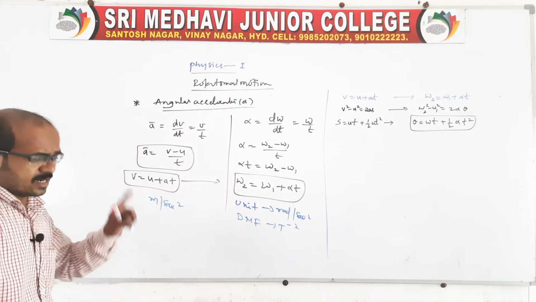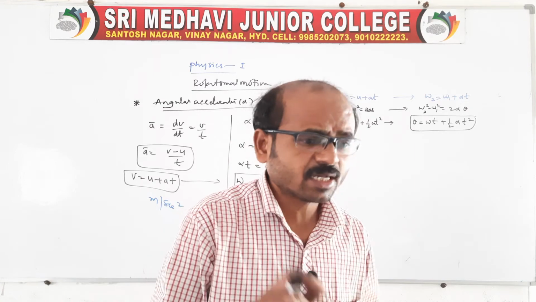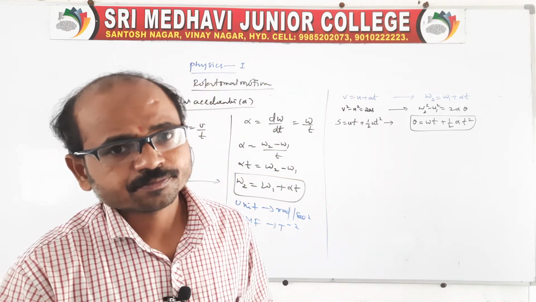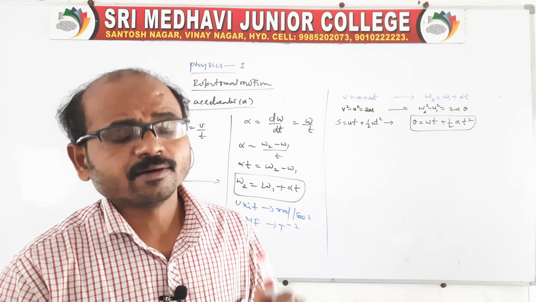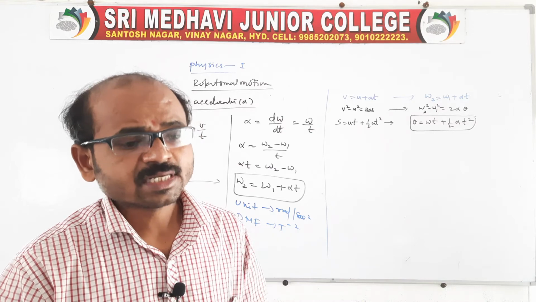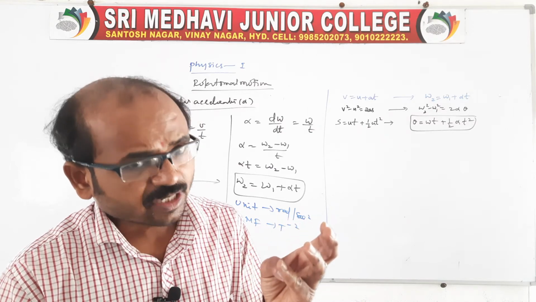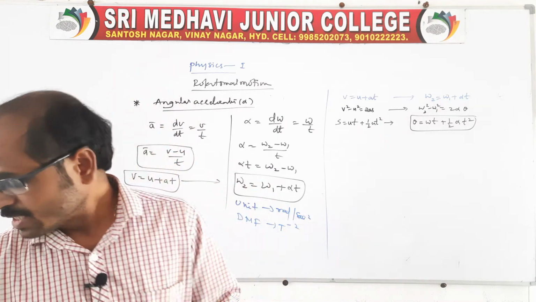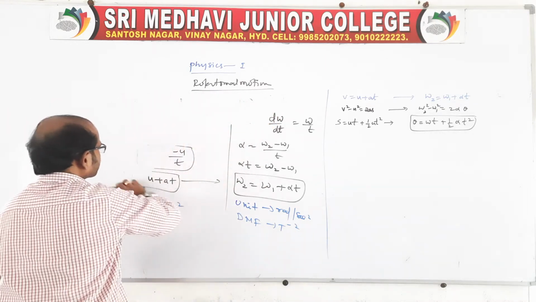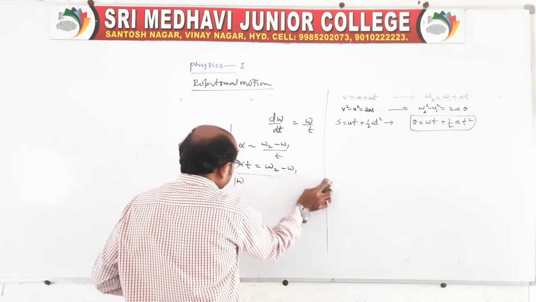Not only this, at the same time I also told you about centripetal acceleration, as well as centripetal force and centrifugal force. I will repeat them once, because they are already in your notes.